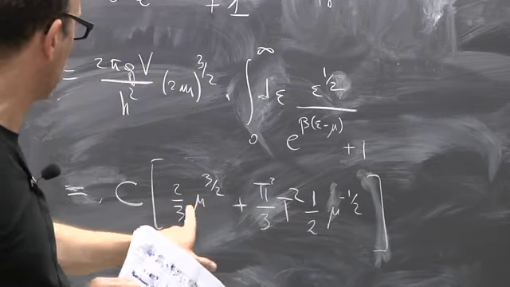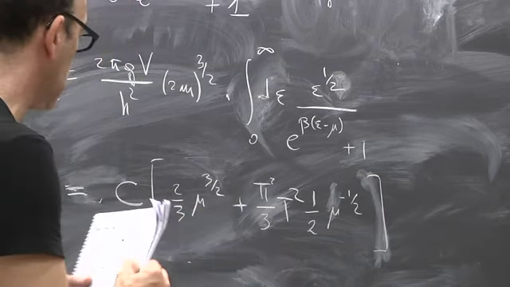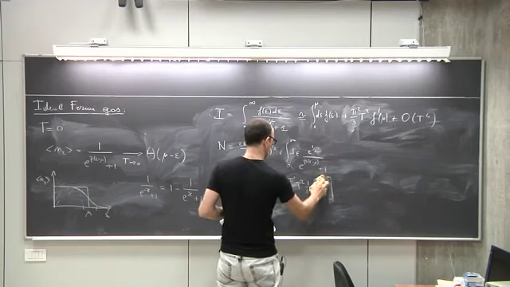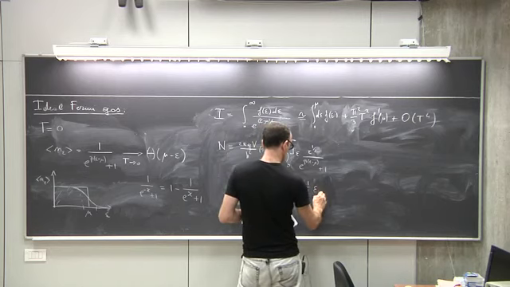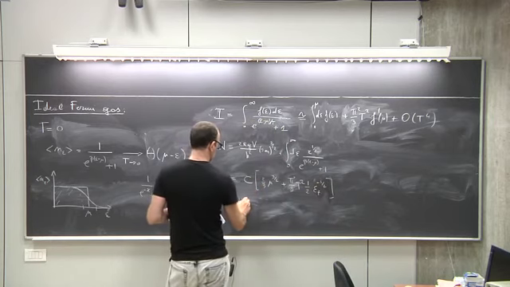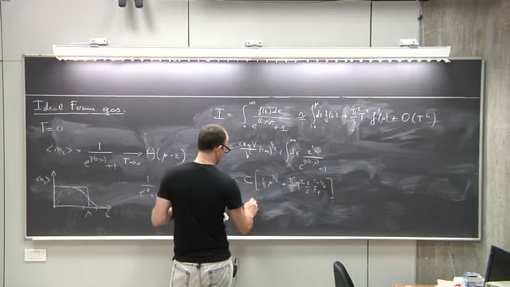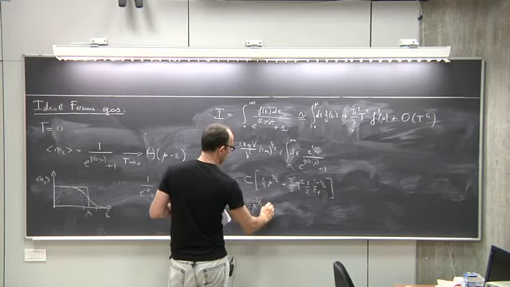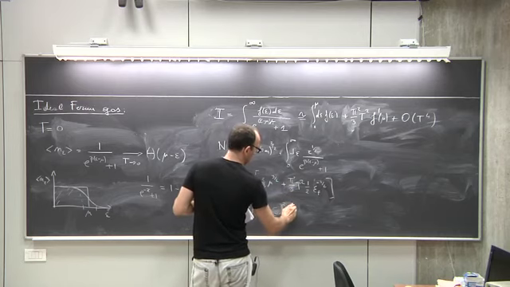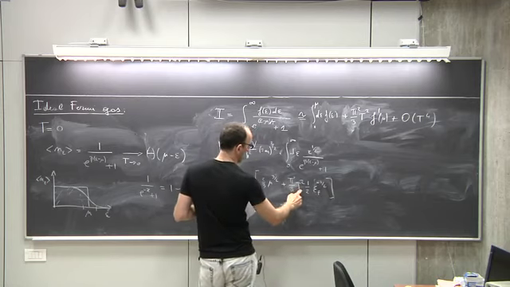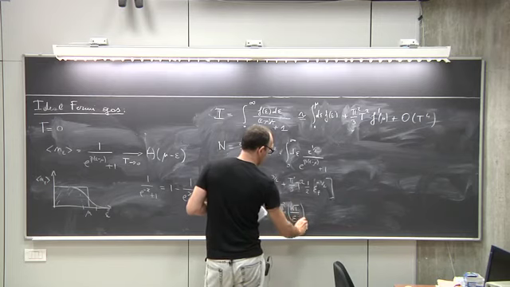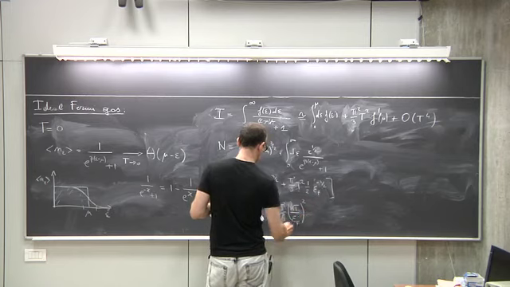So you see that the leading order behavior to the Fermi energy will be: the equation which you have is this constant times 2/3 mu to the 3/2 plus a correction which is this constant times pi squared over 6 of kT over epsilon f squared.